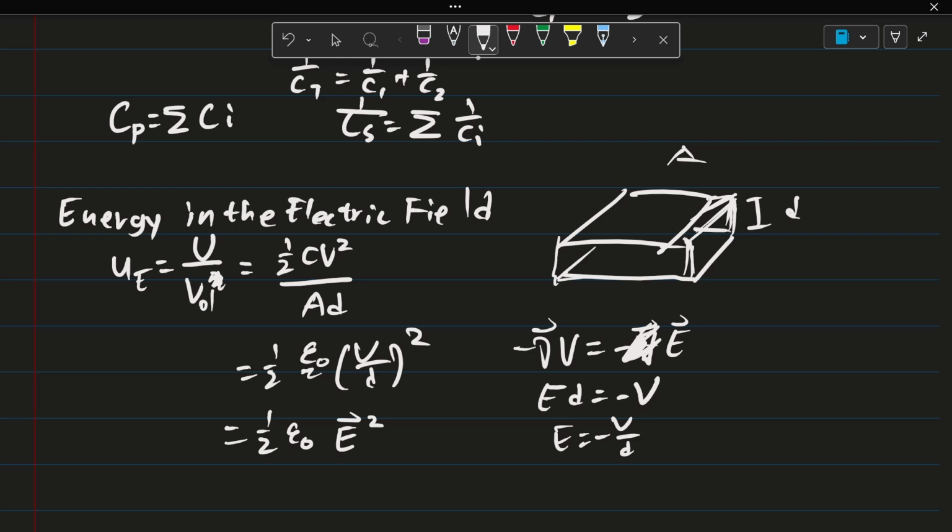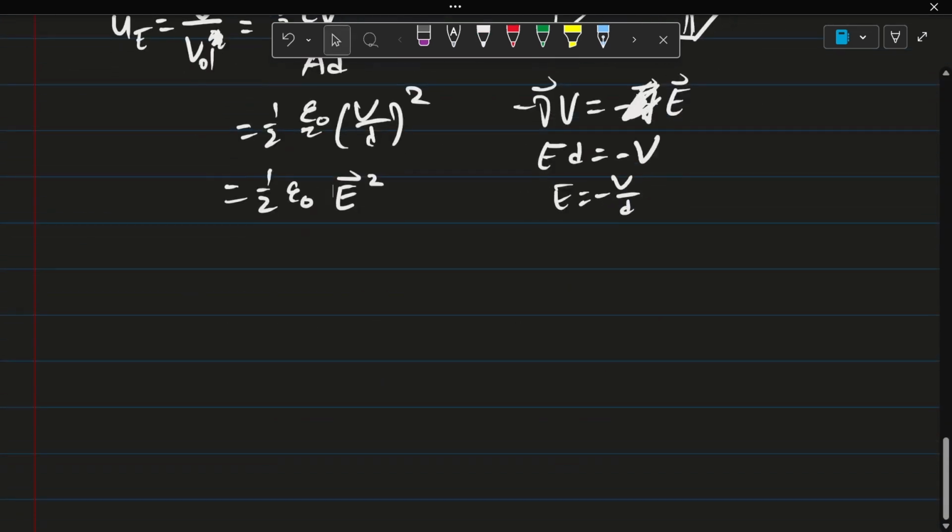So, now, when you're dealing with the energy, you would see a very interesting relation. It's half epsilon 0 times the integral of the E vector squared, or magnitude technically, dV, with the change of the volume.